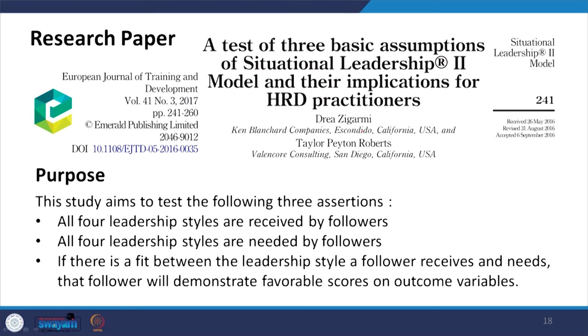Purpose: this study aims to test the following three assertions. All four leadership styles are received by followers, that is telling, selling, participating and delegating. All four leadership styles are needed by followers. If there is a fit between the leadership style a follower receives and needs, that follower will demonstrate favorable scores on the outcome variables.